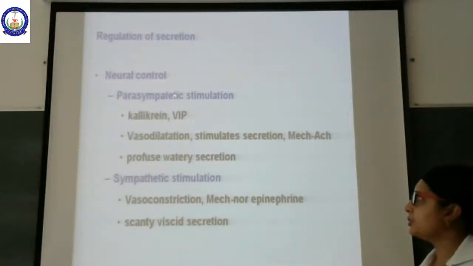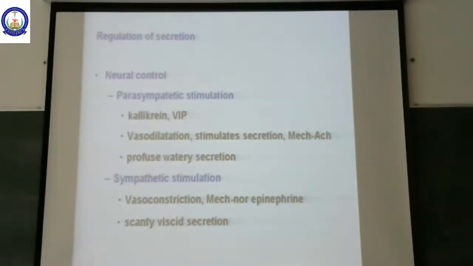Now coming to the regulation of secretion. Regulation is mainly by neural regulation. Parasympathetic stimulation mainly causes profuse secretion of salivary juice, which is watery in nature. Profuse means in large quantity.